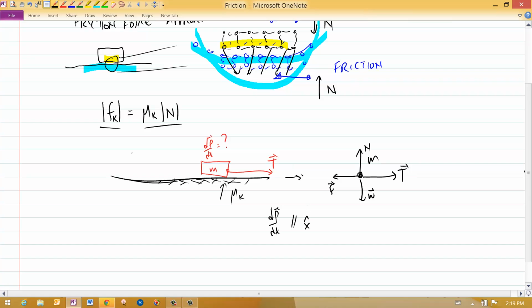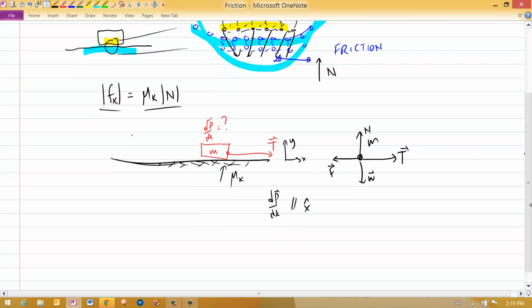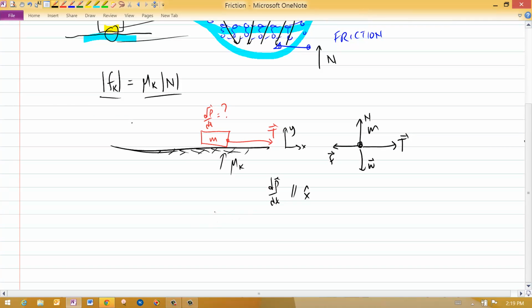So there's the x direction, there's the y direction. The change in momentum has got a definite direction. So I can ask what the momentum principle says now. The change in the momentum of the system is equal to the net force from the surroundings. These four forces: the normal force, plus the weight force, plus the tension force, plus the friction force.